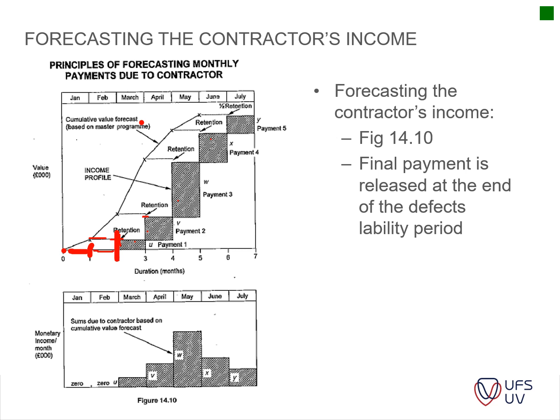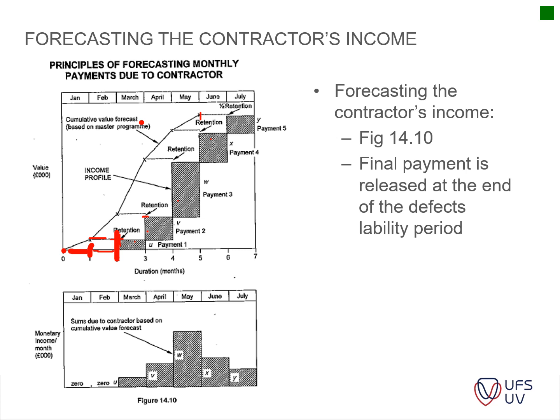Please have a look at figure 14.10, which you will find on page 320. The final payment is released at the end of the defects liability period. You remember, the project is practically complete here.